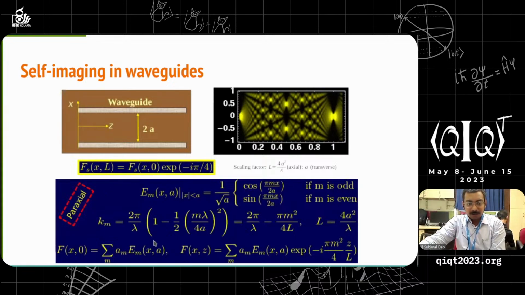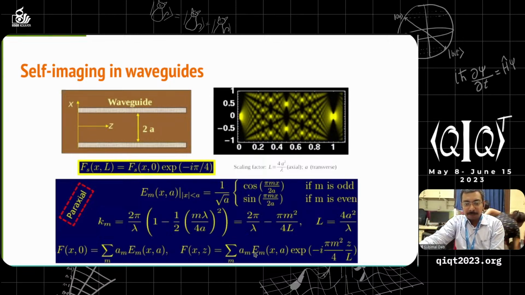The propagation constant. So what is this propagation constant? If you inject a beam through the waveguide, it'll propagate through the waveguide as a superposition of its modes, that is the profiles that move without any distortion through the waveguide. They are the modes of the waveguide.